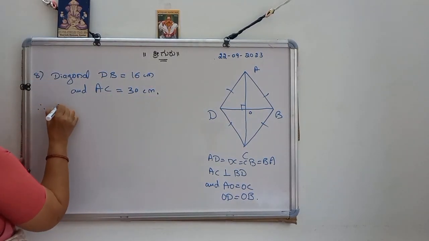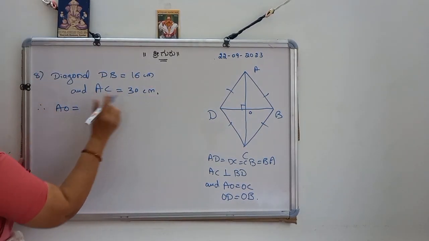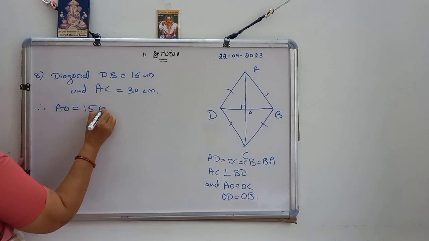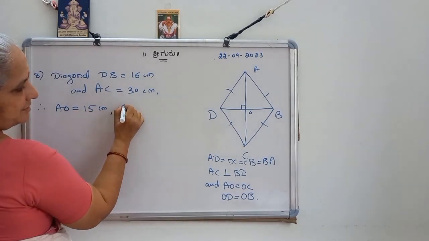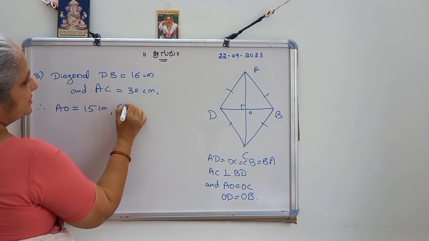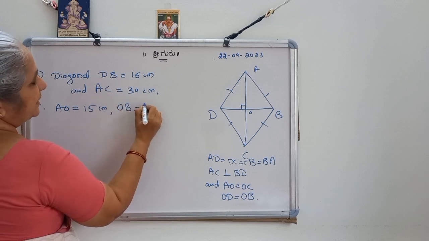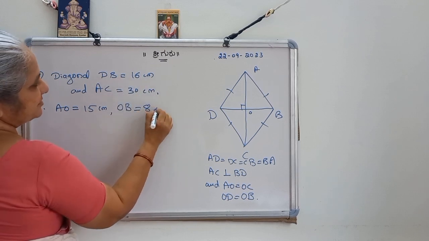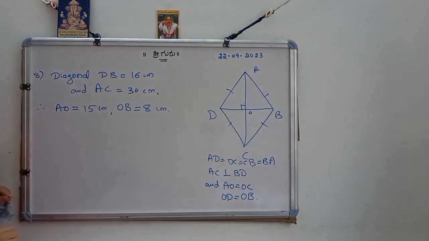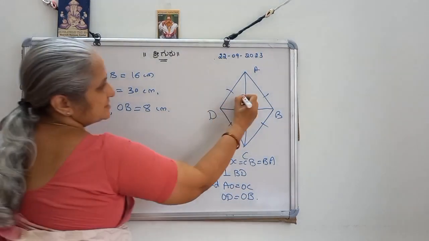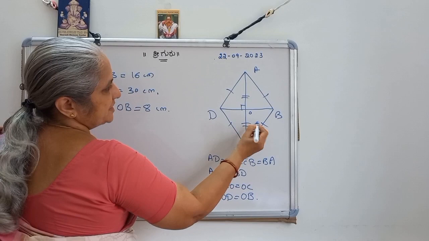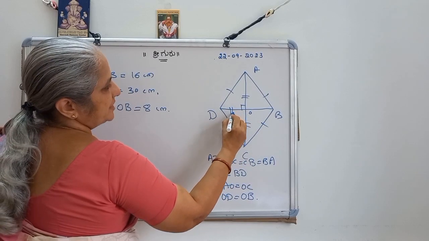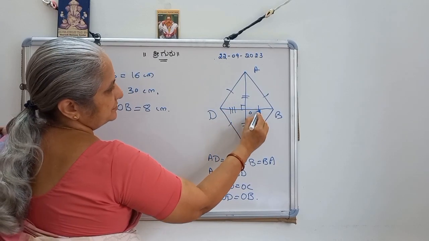Therefore, AO is equal to half AC, 15 centimeters, and OB is equal to half of 16, 8 centimeters. Means AO is equal to OC and OD is equal to OB.